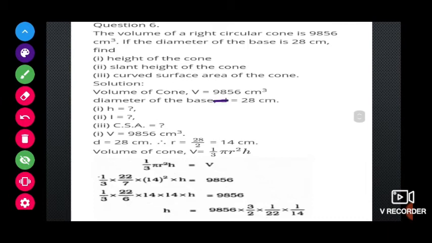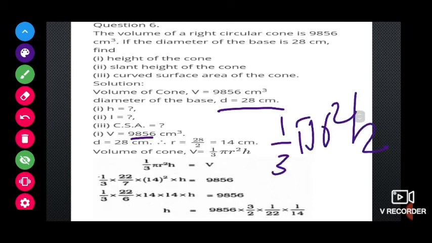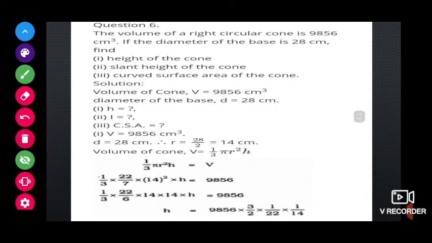So first we will write what they gave. The volume of the cone is 9856 centimeter cube and the diameter is 28. So to find the height, first I take the volume 9856. The formula of the volume is 1 by 3 pi r square h. Diameter is 28, so r is equal to 28 by 2, 14 centimeter.